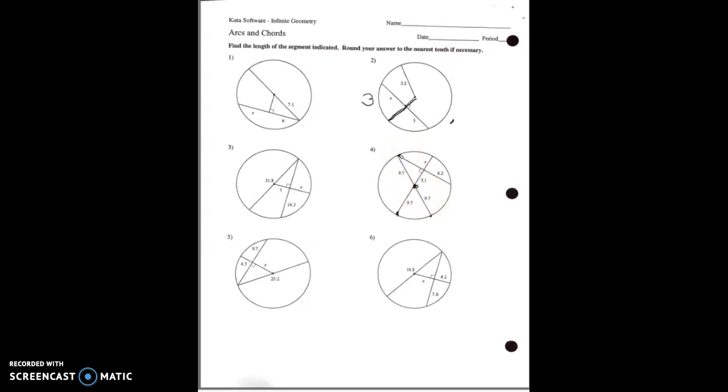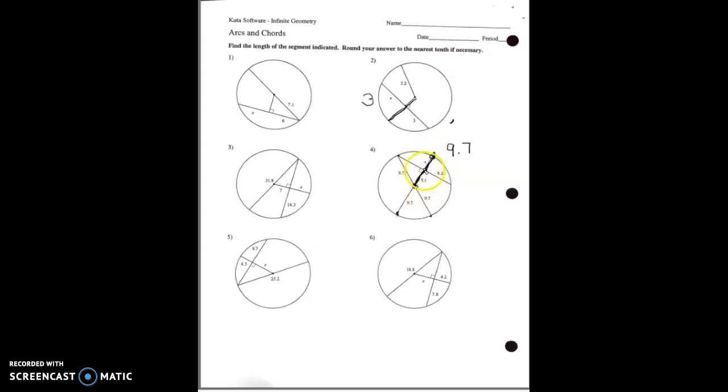For all these radii that we have on here, 9.7. This one now, center all the way out to this edge is another radius, so that's 9.7 also. So if you look at this, you know that you have a little chunk of 5.1.